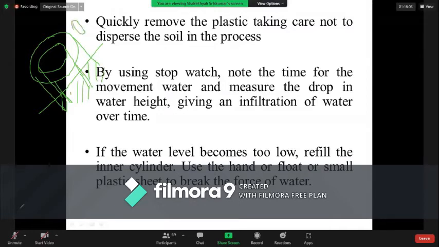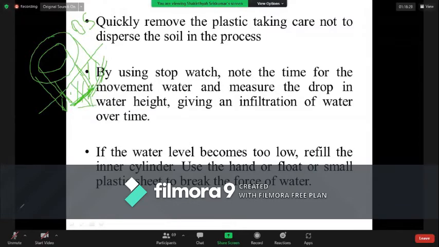It starts from 0 seconds, and you can remove the plastic sheet you placed here. Once you remove the plastic sheet, the water inside the inner cylinder will start to move into the soil.